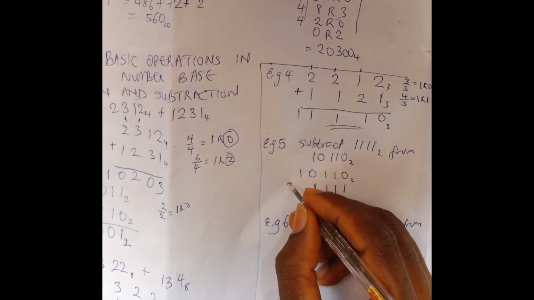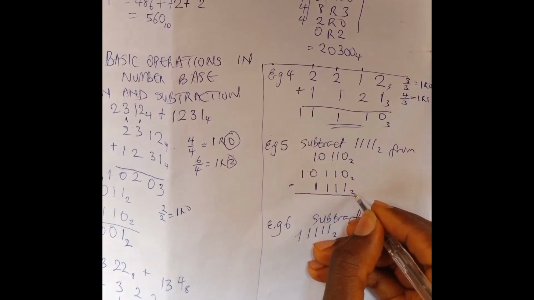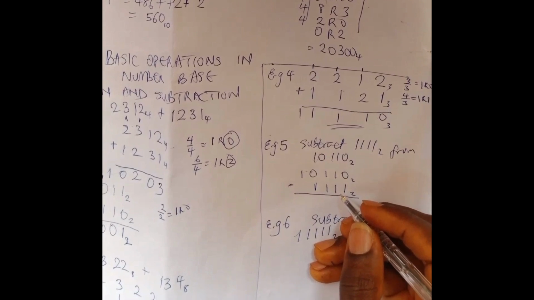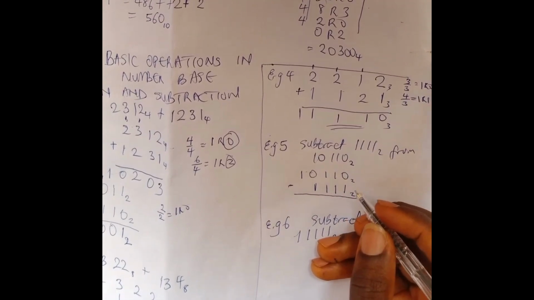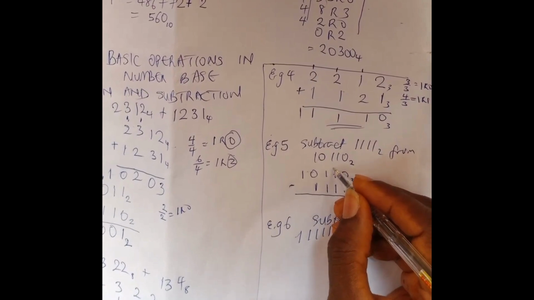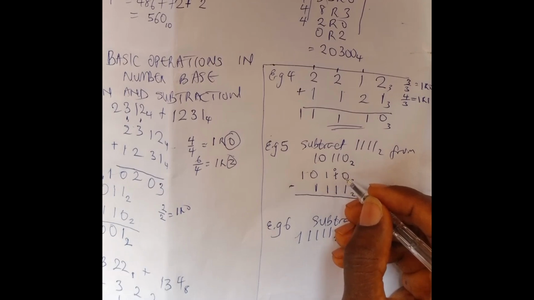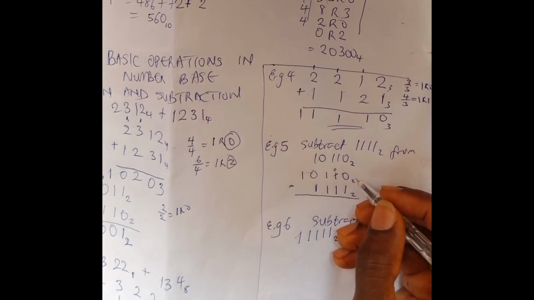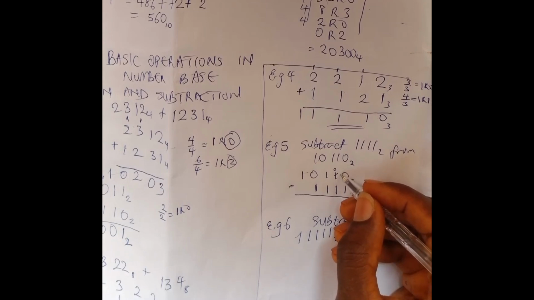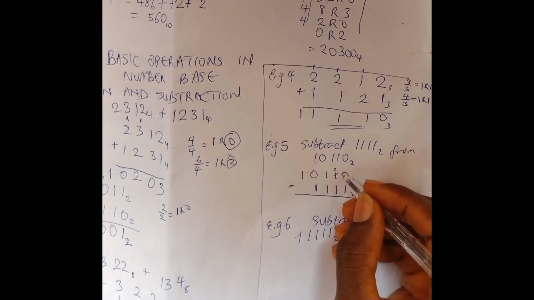Minus, base 2. 0 minus 1 is impossible, so you borrow 1 from here. Here turns to 0. Then this 1 that you're adding here, in normal mathematics it is meant to be 10, but in number base, the one you're supposed to add here will no longer be 1 again. It will be the number of the base, which is 2. So instead of writing 1 here, I'll write 2.